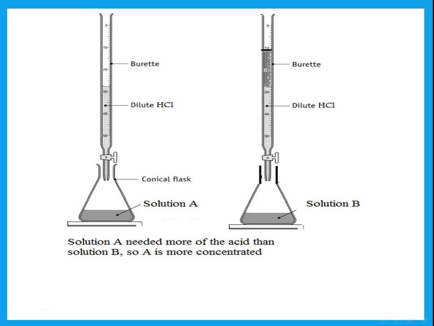So if I have the acid in the burette and then I add some acid for solution A, to neutralize solution A, I need another volume of the acid to neutralize solution B. And we said, which of these is more concentrated? Well, the one that will use more acid is more concentrated. So A is more concentrated.